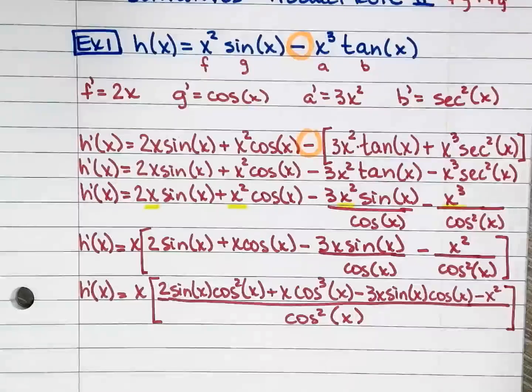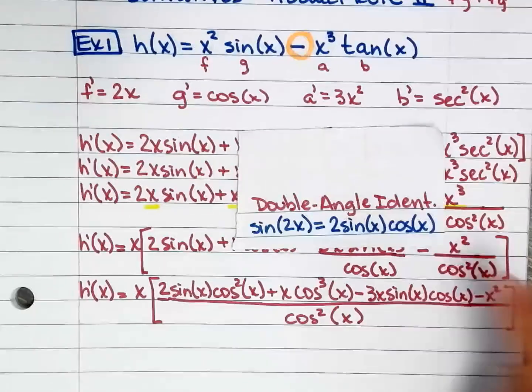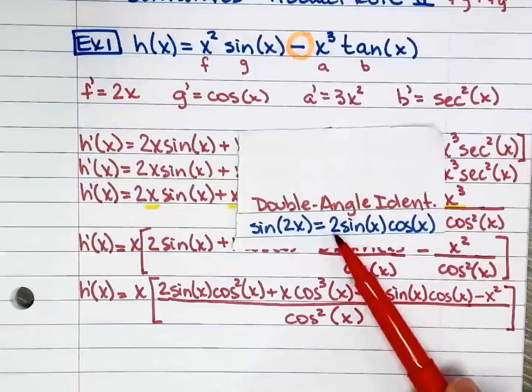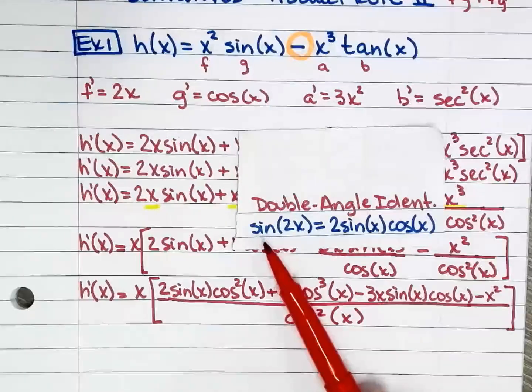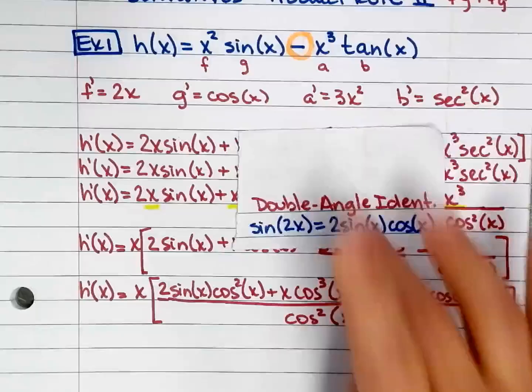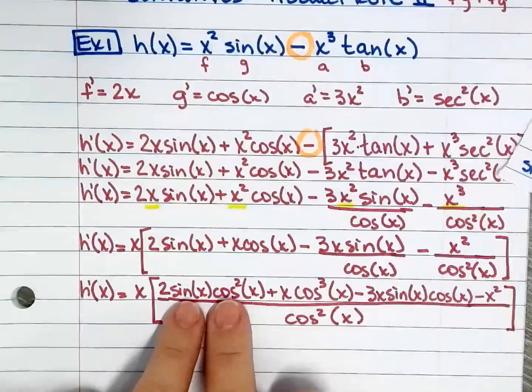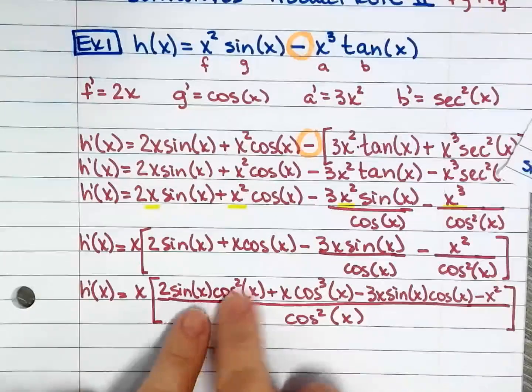Now, from my beautiful double angle identity, I know if I have 2 sine of x cosine of x, I can just rewrite as sine of 2x. And I have that right there because I know cosine squared is just cosine times cosine.